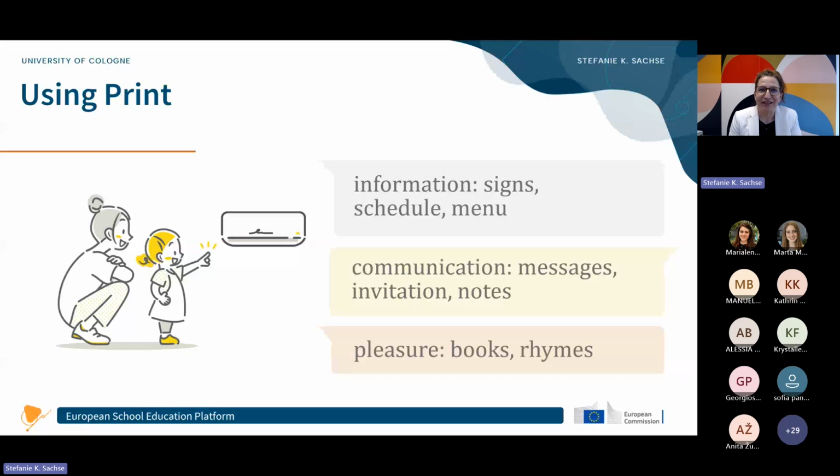When we use print because we read a sign, we read the schedule for today, we read the menu. It's about communication when I'm saying who I'm writing a message to with my mobile or when I'm reading something. It's when I'm taking a note because we might need to write a birthday card to Jens, who had his birthday. We also read for pleasure. We read books. We might read rhymes each day.